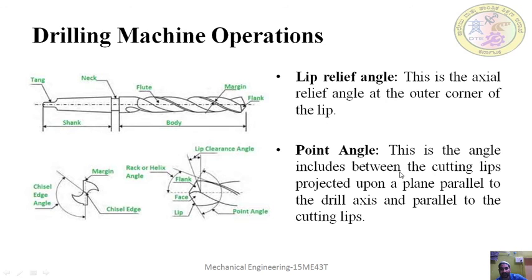So you can see if you project this lip, the angle formed between the lips is called as point angle.